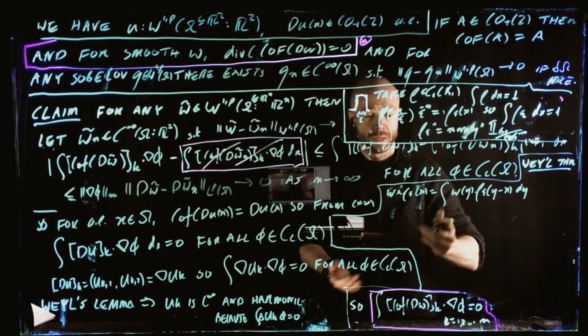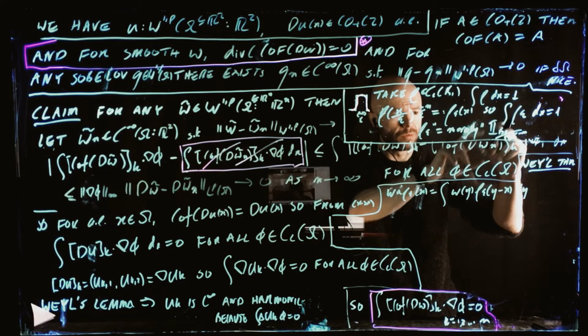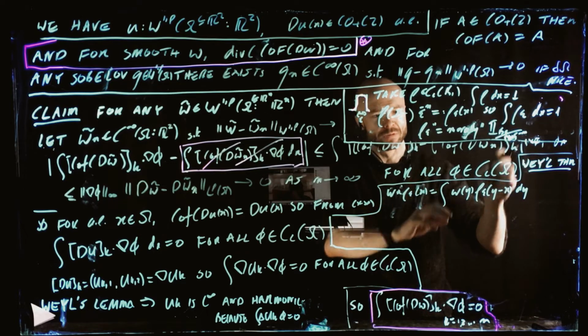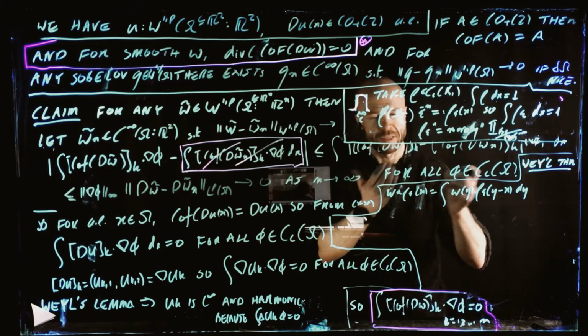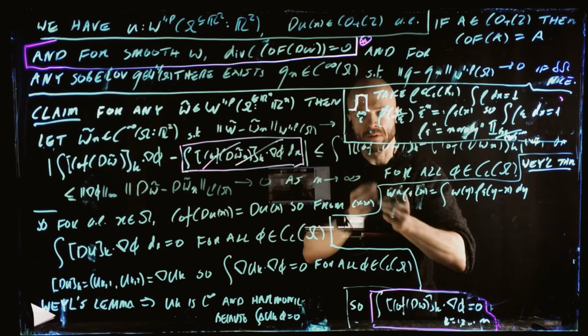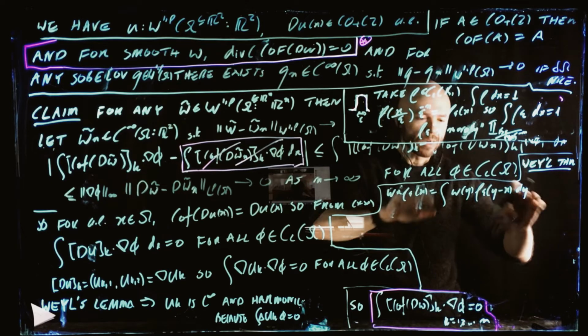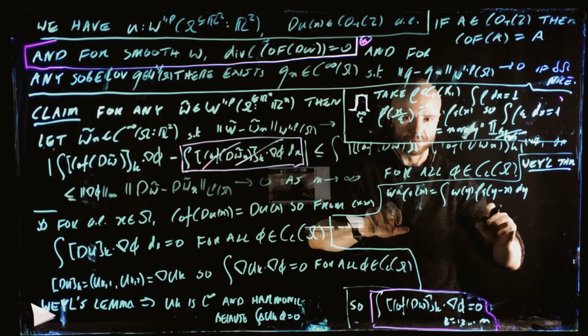If we had just the characteristic function of a ball of radius epsilon divided by the volume of a ball of radius epsilon, that would be exactly the average of the function w around the ball of radius epsilon centered on x. That's all it would be. And instead we have this slightly smoothed out version of it.